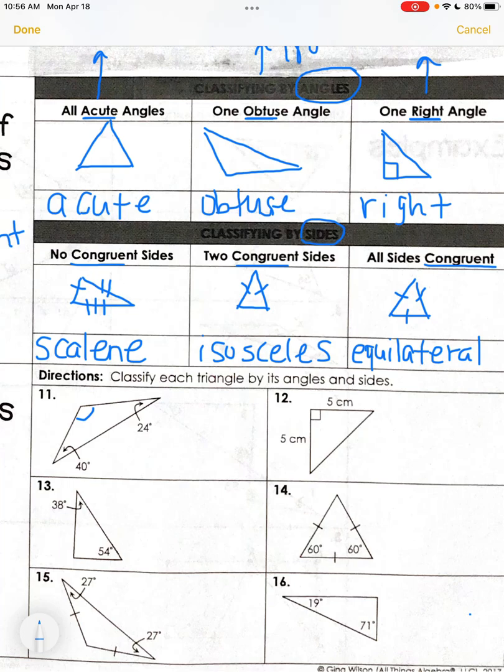Well, we don't really know that. Okay, so we need to figure out what that missing angle is. So from your previous notes, you know that when you add 24 and 40, plus that missing degrees, it needs to equal 180 degrees.